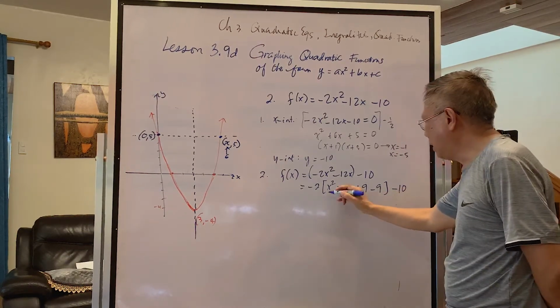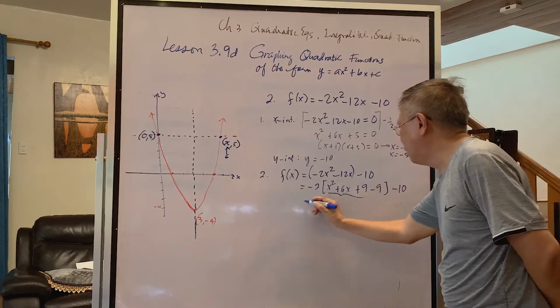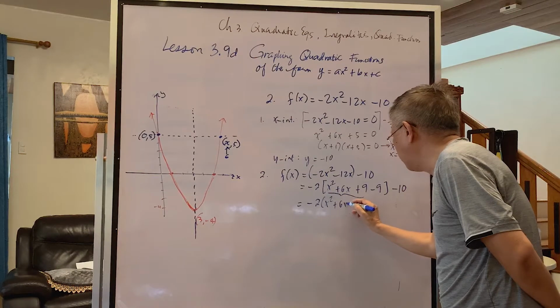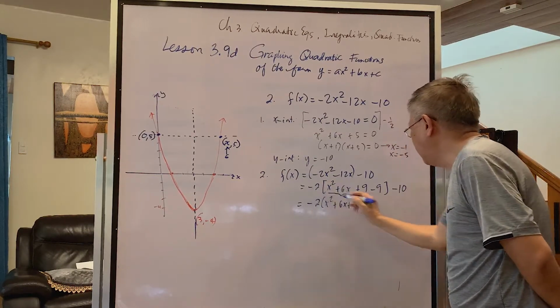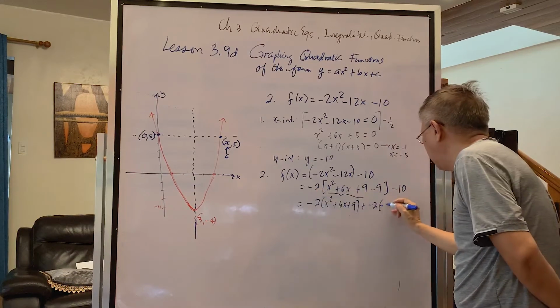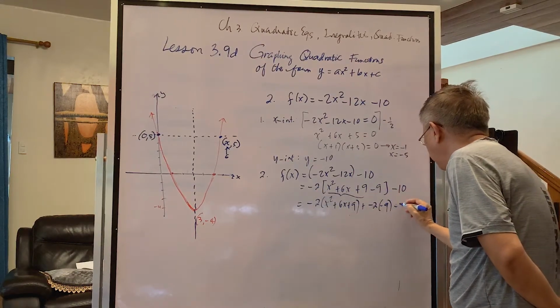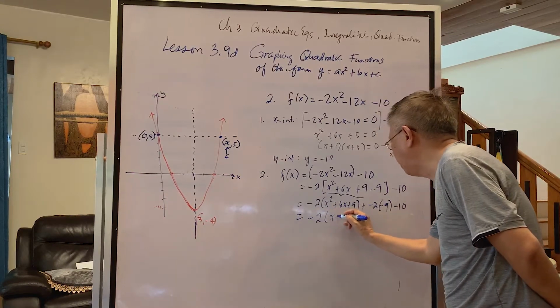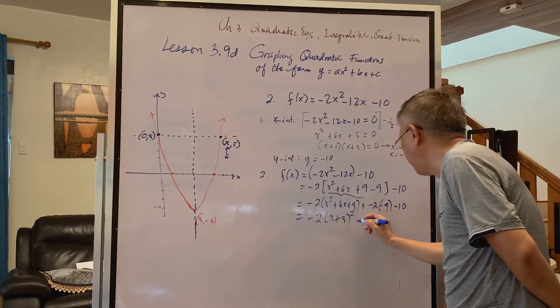Our trinomial will be just the first three terms here: negative 2 times (x squared plus 6x plus 9), and then plus negative 2 times negative 9 minus 10. And I can now rewrite this as negative 2 times (x plus 3) squared.